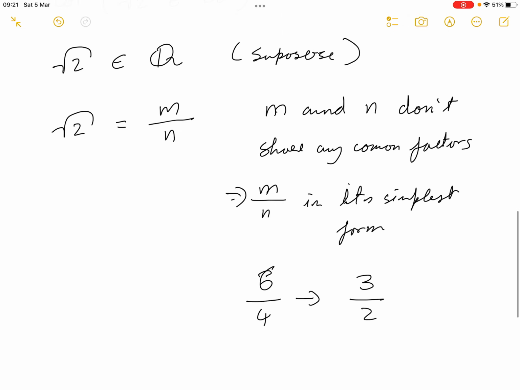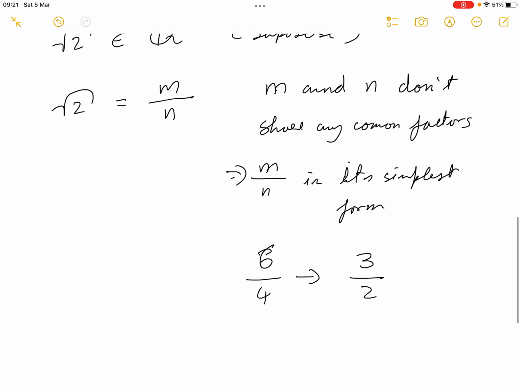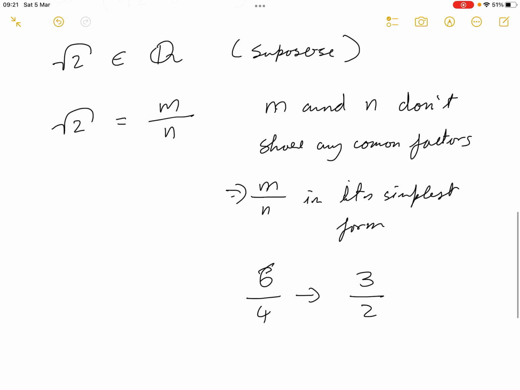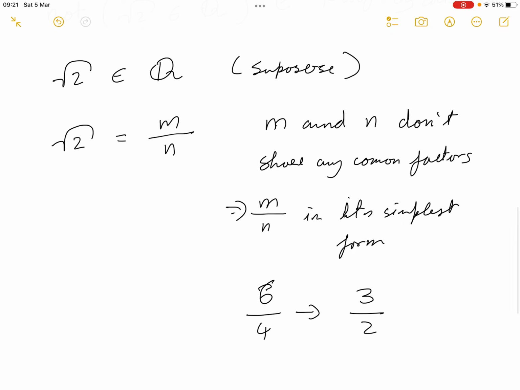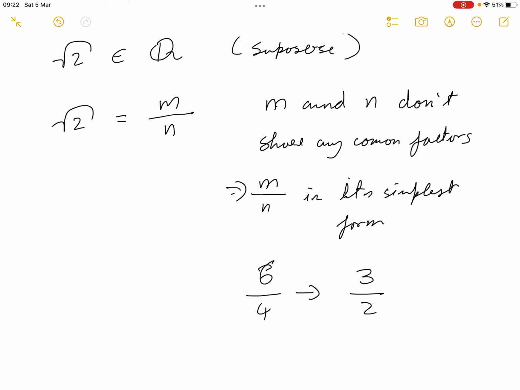What we're going to show is that if square root of 2 can be written as m over n, then it can't be written in its simplest form. But all fractions can be written in the simplest form, so that means root 2 can't be written as a fraction.